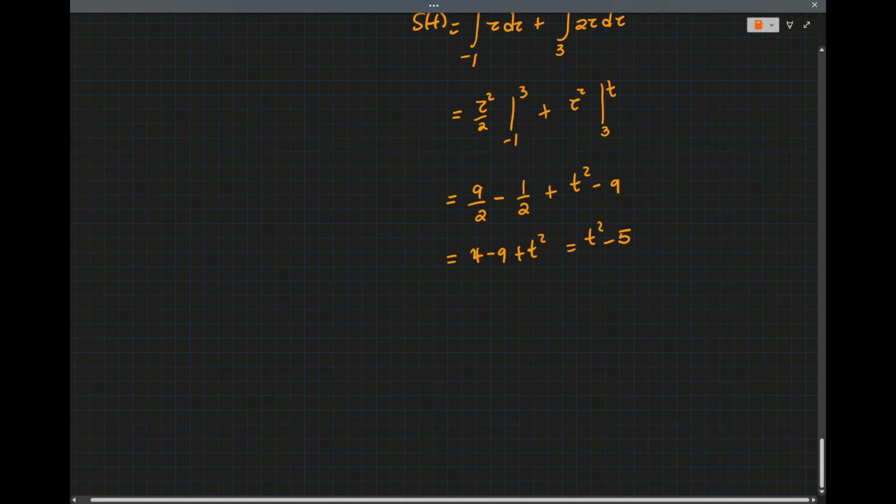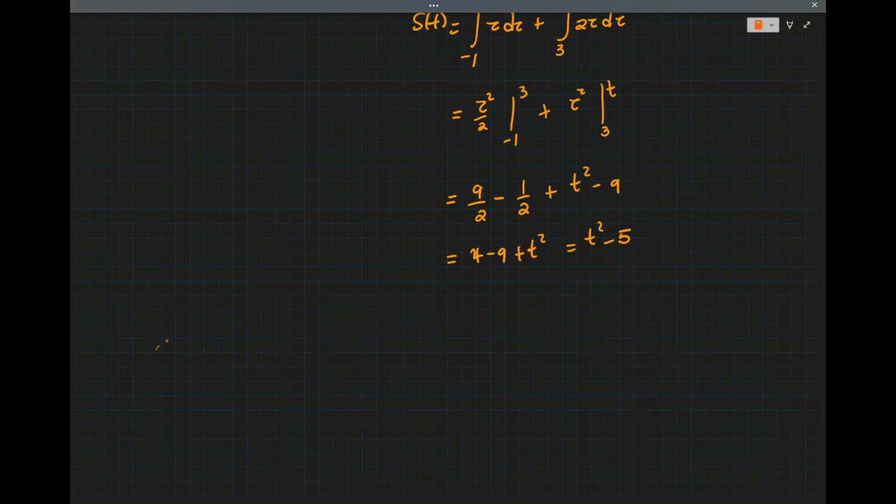Okay, so for this case, for t bigger than or equal to 3, x of t equals t squared minus 5.